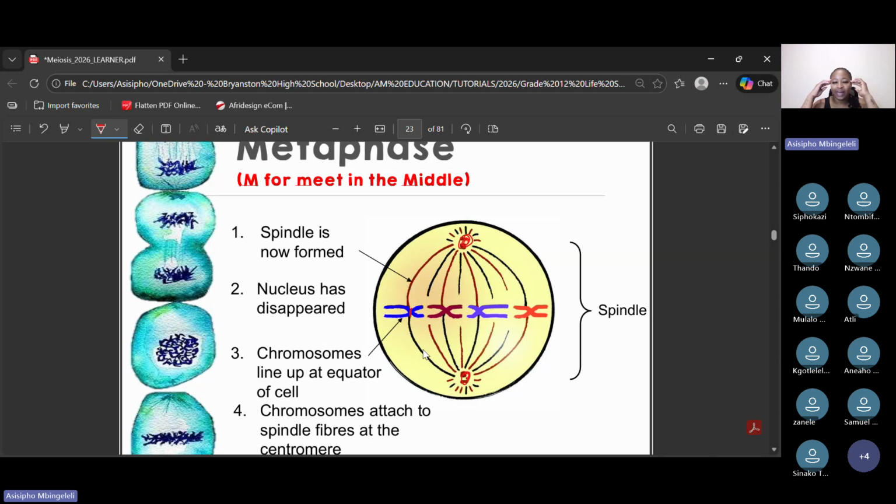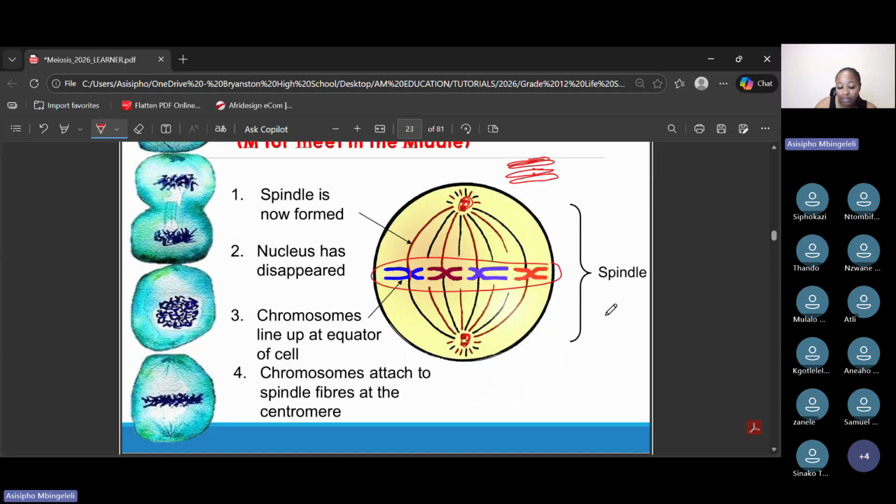So if you are given this diagram, the giveaway is the arrangement of these chromosomes in the middle of the equator. And they arrange themselves single. They're not in pairs. So this would be a pair. If we say chromosomes are in the middle of the equator in pairs, this would be a pair.